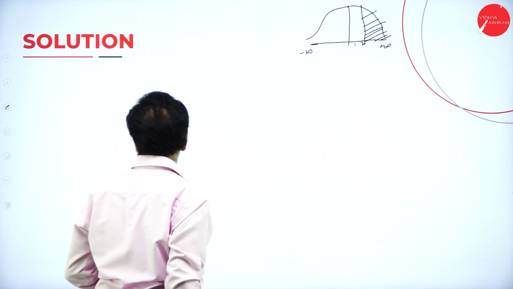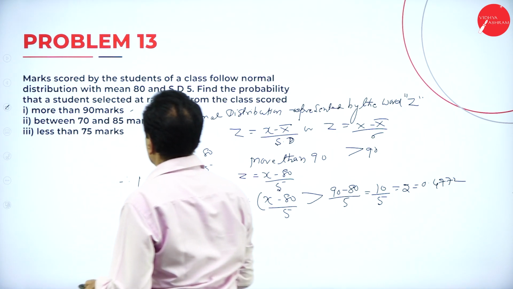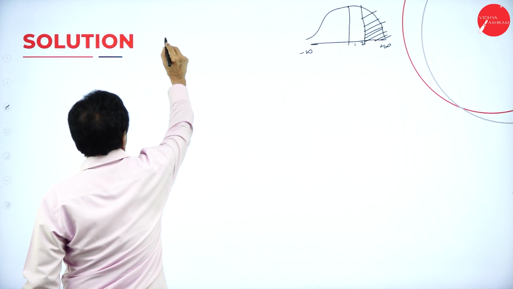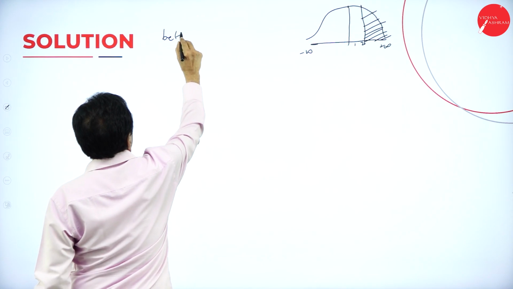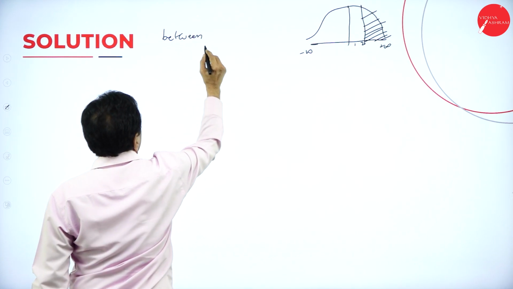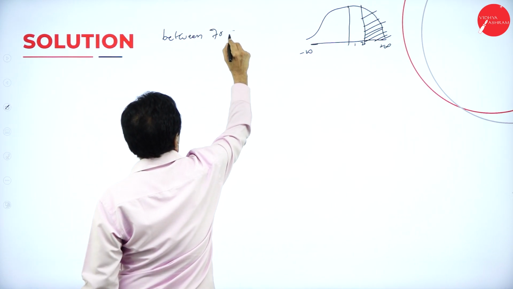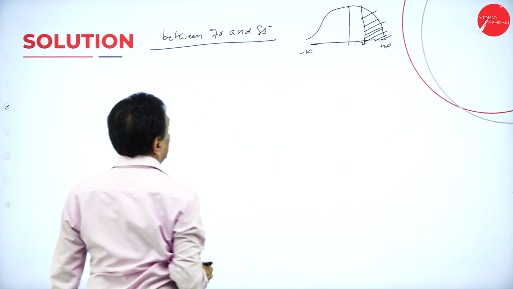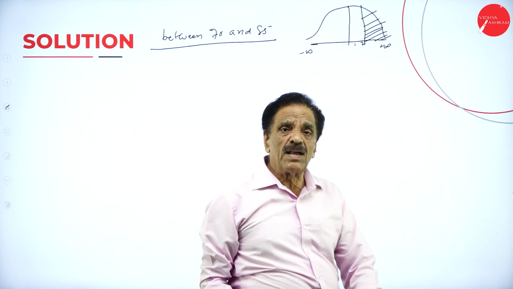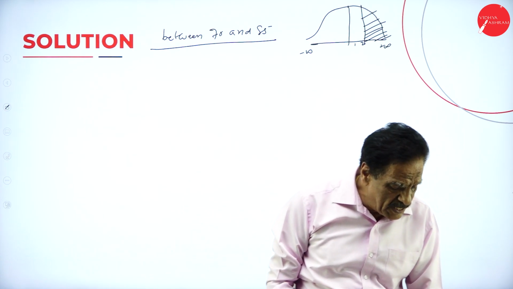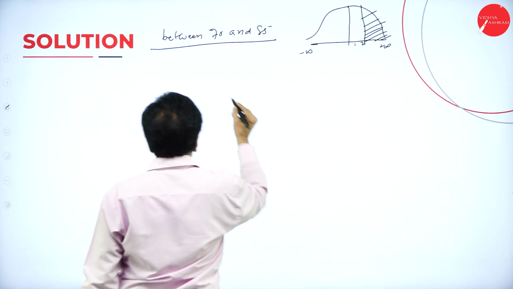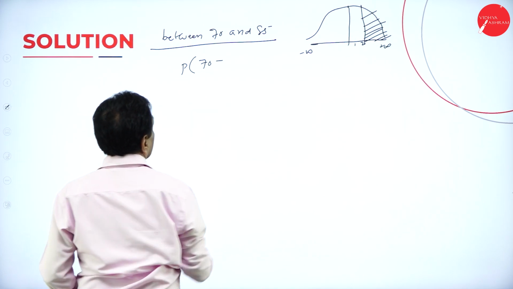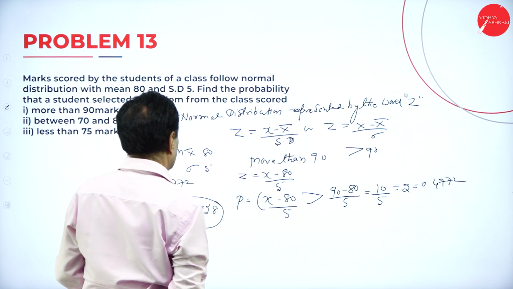What is the next question? Between 70 and 85. So when x value is 70, between 70 and 85, P(70 less than x less than 85). What's your mean?